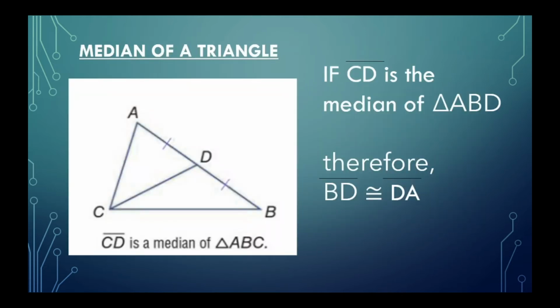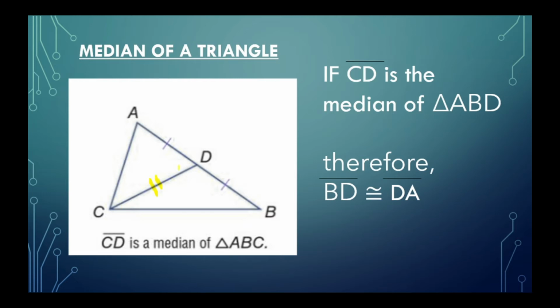Okay, so we have here an example of a median of a triangle. So observe the given figure. In the given figure, we have here triangle ABC. Then we have here a segment, this segment CD. So this segment CD is a median of the triangle. Why?